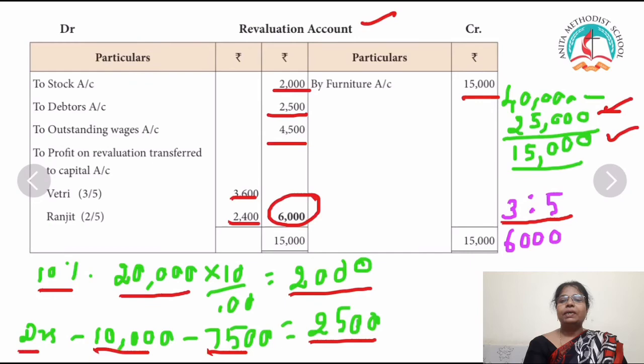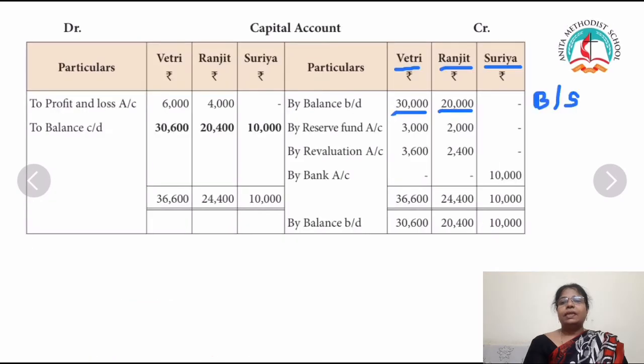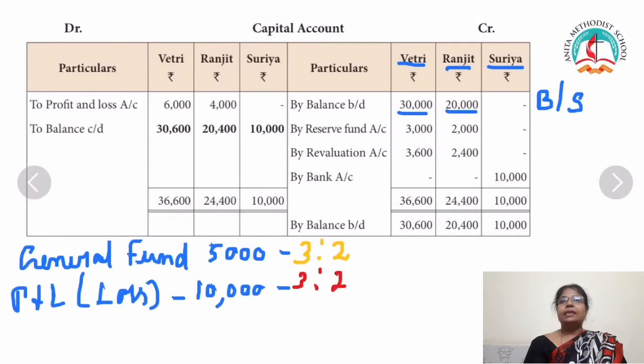Now we have to prepare the capital account. Write the format, write all the partners' names, Vetri, Ranjit and Surya. By balance brought down, it's from the balance sheet 30,000 and 20,000, it's for Vetri and Ranjit. And reserve fund account has to be allocated to Vetri and Ranjit, so that comes to 3,000 and 2,000. And revaluation account 3,600, 2,400.